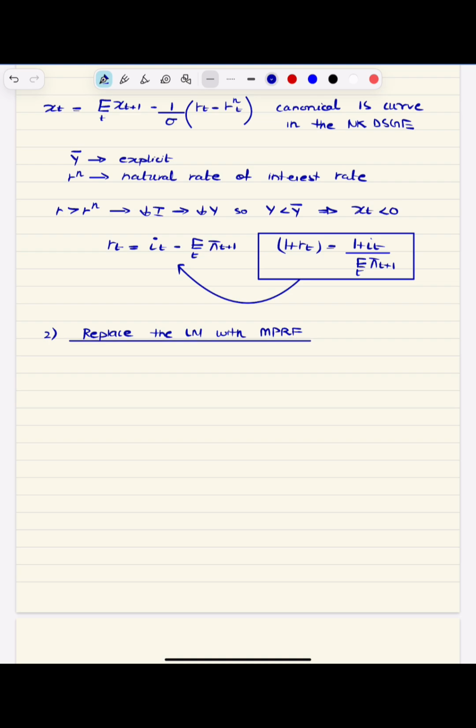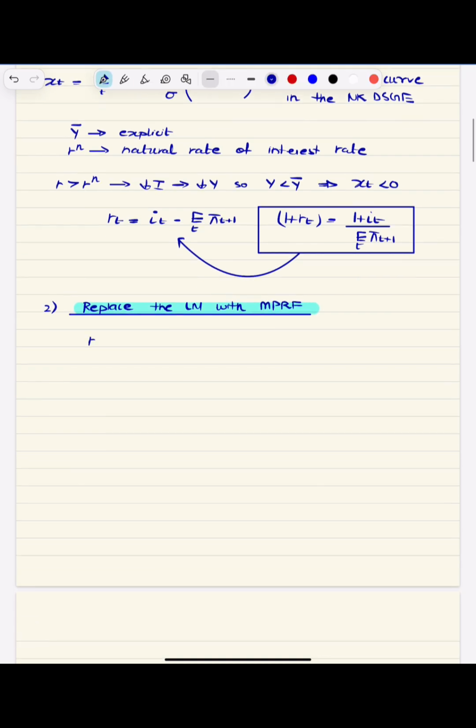So the LM curve now gets completely replaced, and the Taylor rule can be written like this: the interest rate is equal to the natural rate plus the coefficient of inflation times inflation plus the coefficient of the output gap times the output gap. So the central bank sets the interest rate, and the money supply adjusts automatically.